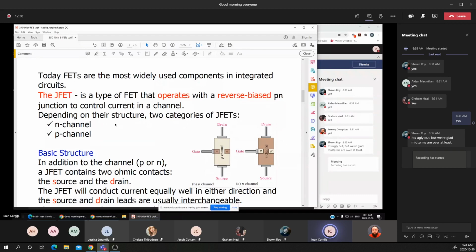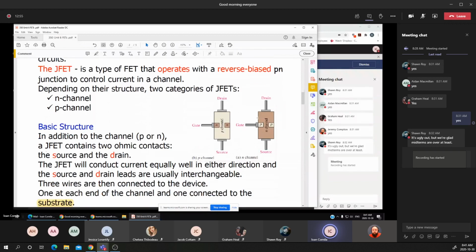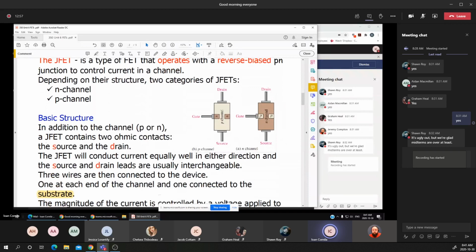The main difference, or another difference, between a BJT and a JFET, that's a junction field effect transistor. Actually, we can visualize the FET as having those three terminals.